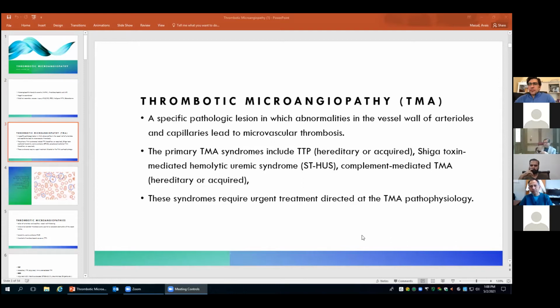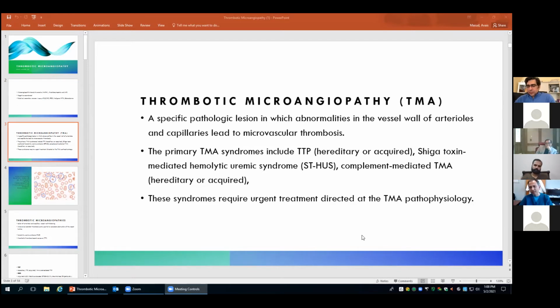So thrombotic microangiopathy is a specific pathological lesion in which there's an abnormality in the vessel wall and the capillaries, leading to microvascular thrombosis. When the thrombosis occurs, there is narrowing of the lumen of the blood vessel, and the blood has to pass through that, and then hemolysis happens.